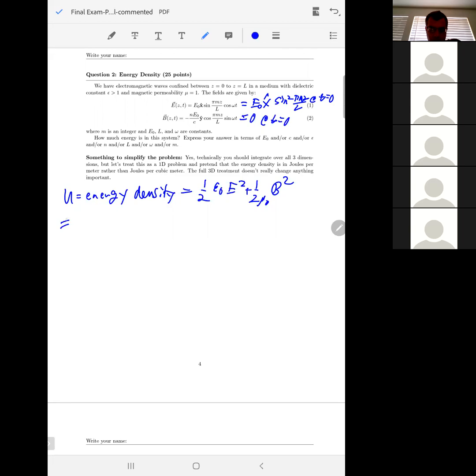So in that case, it's just going to be 1/2 epsilon naught E naught squared sine squared pi m z over L. So the energy would be the integral of that: 1/2 epsilon naught E naught squared sine squared pi m z over L dz.